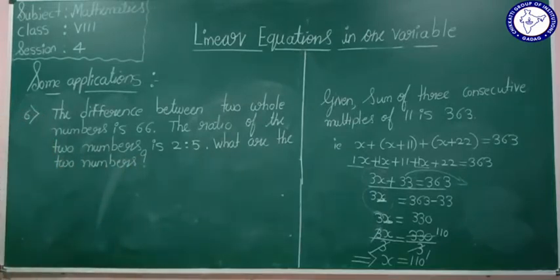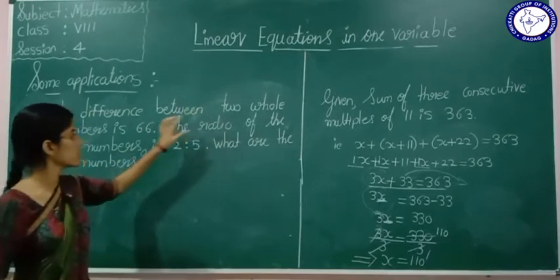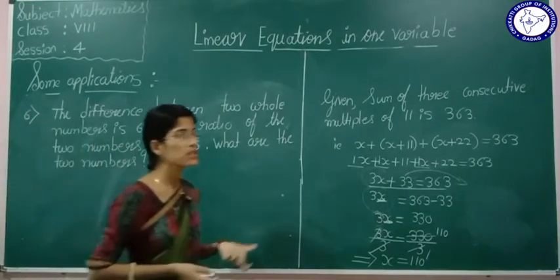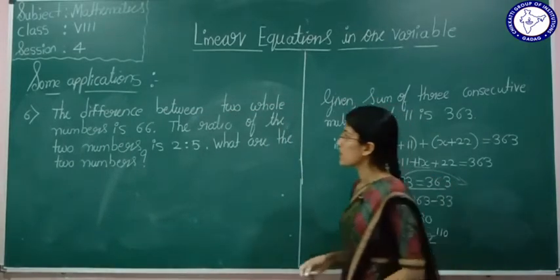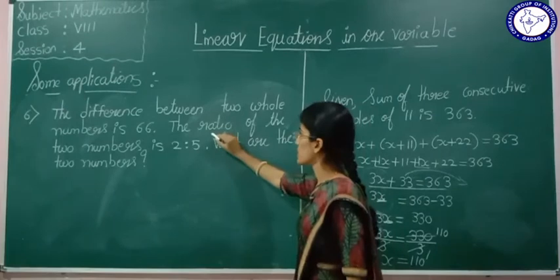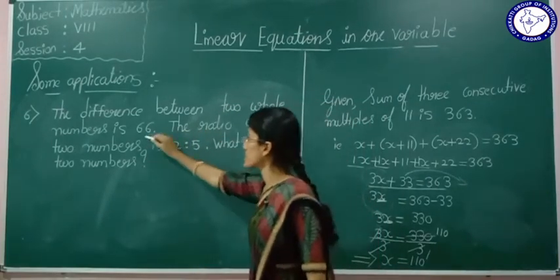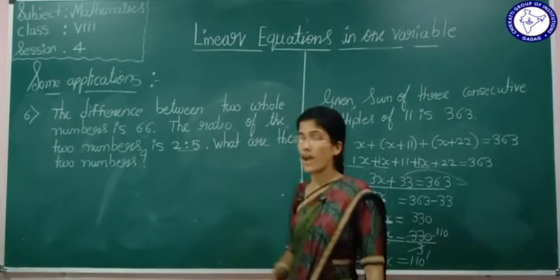Now see here students, the 6th question tells us that the difference between two whole numbers is 66. Take two whole numbers, the difference between the two whole numbers is 66. Again, what is given? The ratio of the two numbers is 2:5.